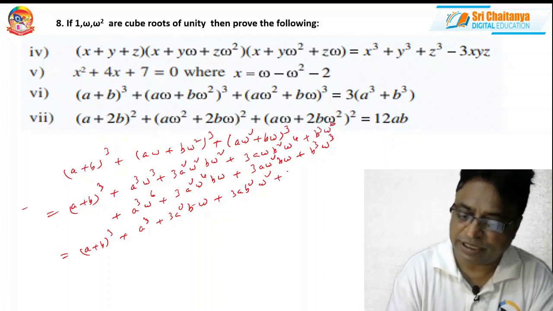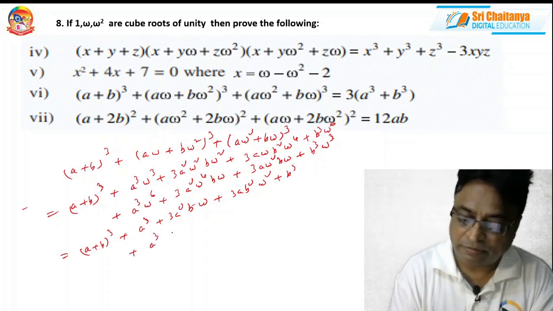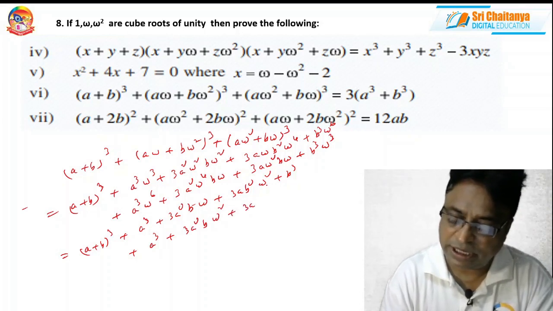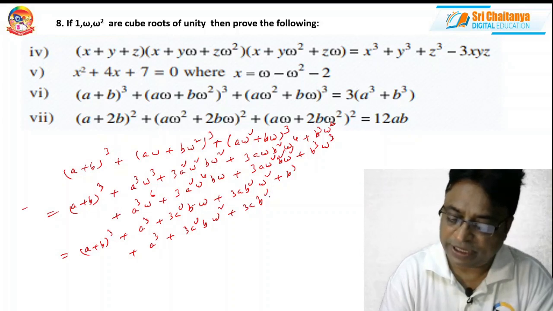Again plus b cube you can get, and similarly plus a cube plus 3a square b omega power 5, that is omega square, plus 3a b square, because this is a cube plus 3a square b plus 3a b square. So this is omega plus b cube.